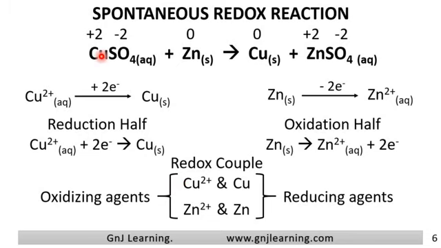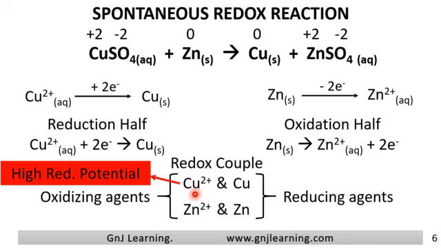You can clearly see Cu2+ has undergone reduction to Cu. It has higher affinity for electrons compared to Zn2+. Cu2+ has higher potential to reduce. This is called reduction potential. So reduction potential is the ability of an oxidized species to get reduced. Cu2+ has this high reduction potential.